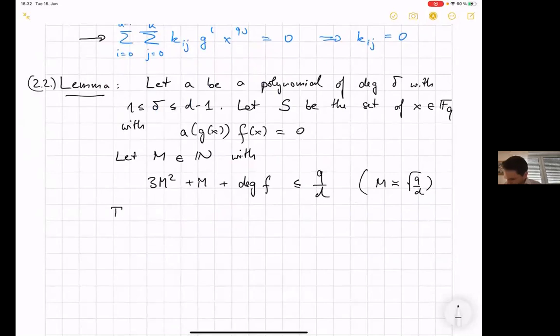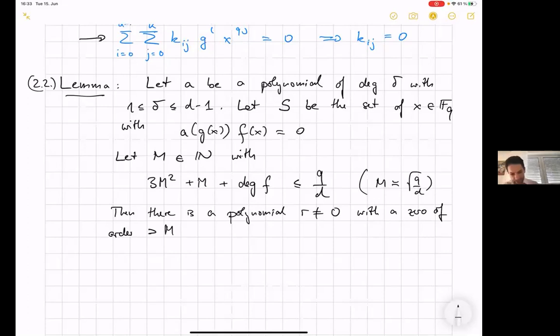Then there exists a non-zero polynomial R, and that's the polynomial method, with a zero of order at least m at every x in S.